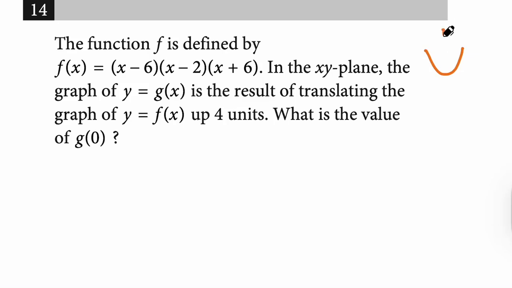Now, vertical translation means if this is the parent graph, the graph will move either up or down, right? Now, if you see these three situations, here and here and here, x values are not changing. They are as it is.